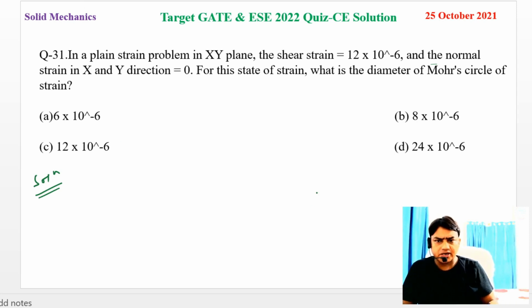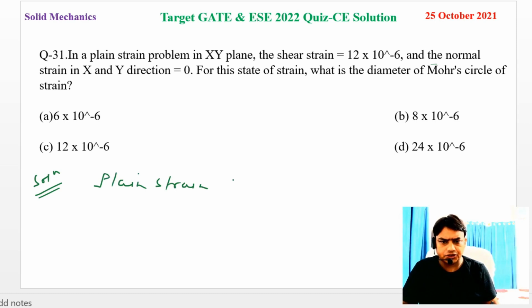Firstly, we have to understand what a plane strain problem is.